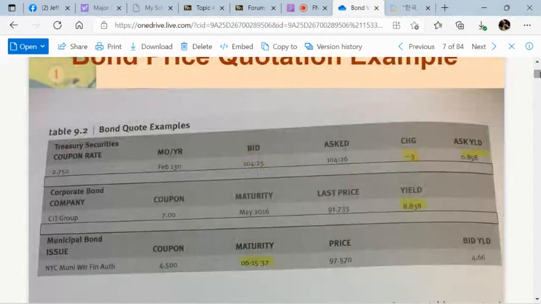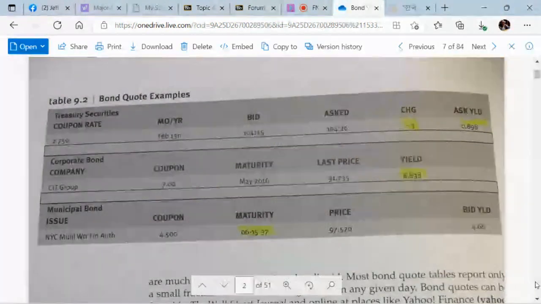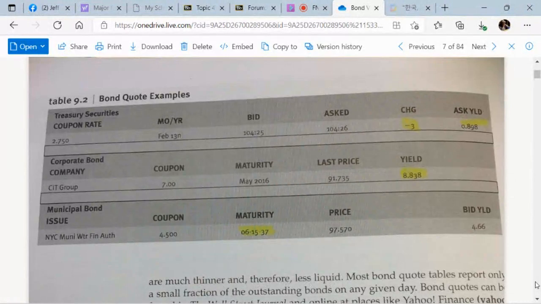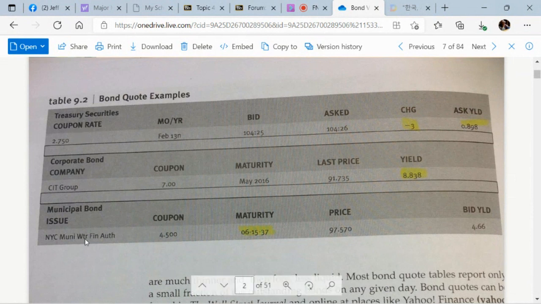So here, of course, is a picture of the page from the book. I took a picture of that, and the example being used here was taken from a long, long time ago. But you can tell there are three entities: treasury, corporate bond, municipal bond.